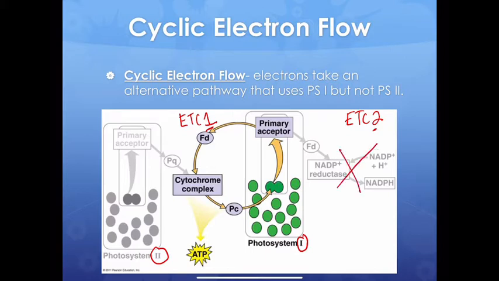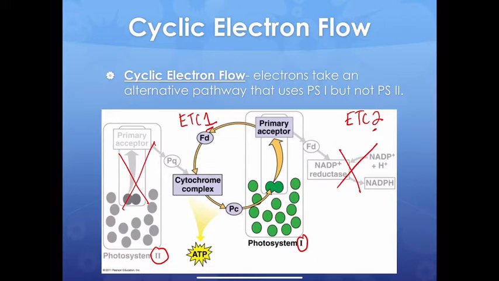You see that it's grayed out here. After they use photosystem 1 and electron transport chain 1, they don't use photosystem 2. And so they just use this cycle here between the electron transport chain and the photosystem. And that's how they generate their ATP.